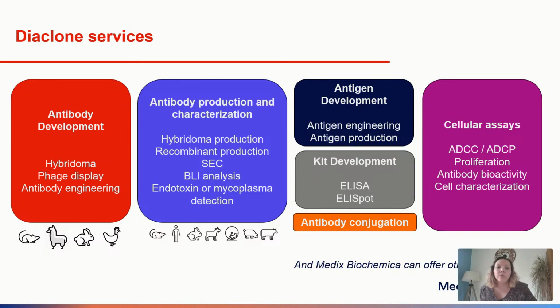Phage display offers more possibilities in terms of immunized species. Today, Diaclone is fully capable of immunizing llamas, rabbits, and chickens, in addition to mice. It's possible to develop antibodies more quickly for certain projects, but there are some exceptions where the hybridoma is more suitable.